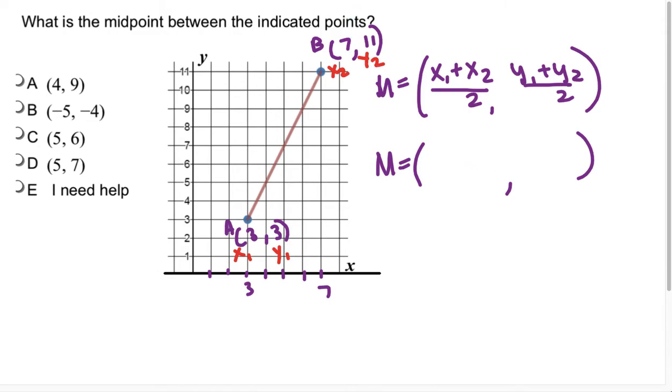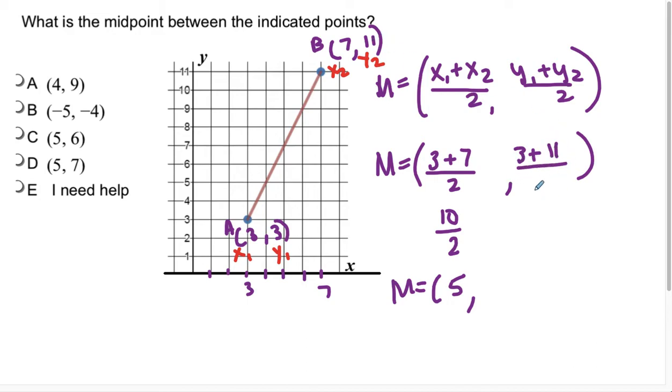So x sub 1 is positive 3 plus x sub 2, positive 7, divided by 2. 3 plus 7 is 10, divided by 2 is 5. Now my y's: y sub 1 is 3 and y sub 2 is 11, over 2. 3 plus 11 is 14, and 14 divided by 2 is 7. So our midpoint is located at 5, comma 7.